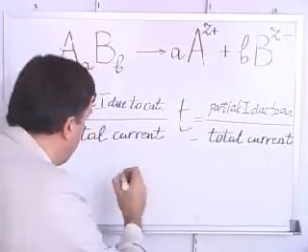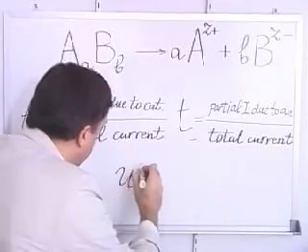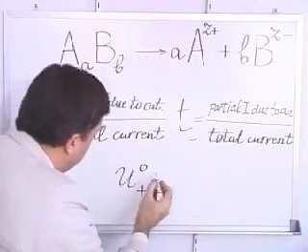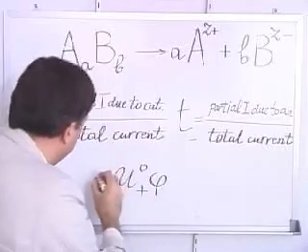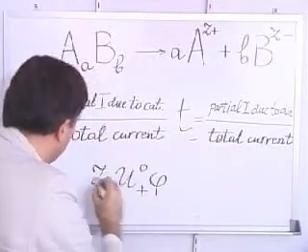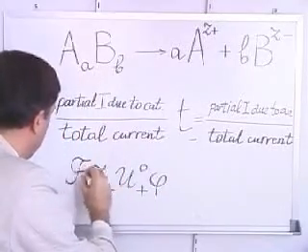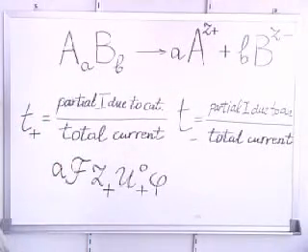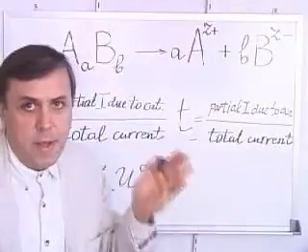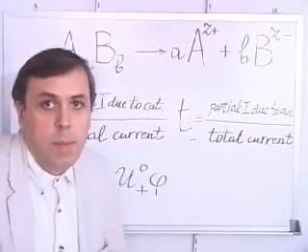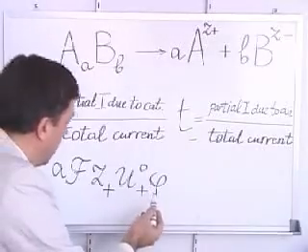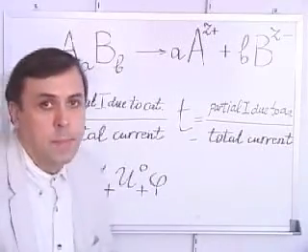Now, if U0 plus is the mobility of the cations, then this expression gives the quantity of electricity that passes through a cross-sectional area in the solution per unit time under the influence of the electrical potential phi.